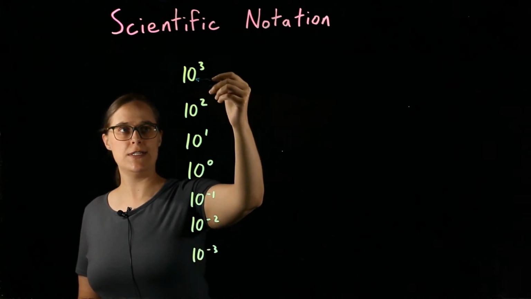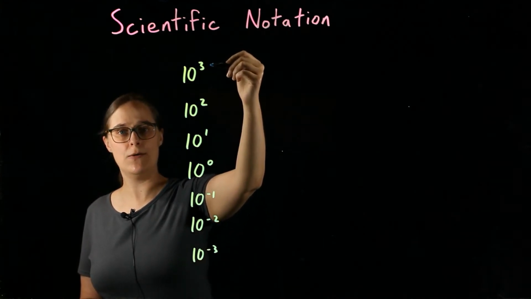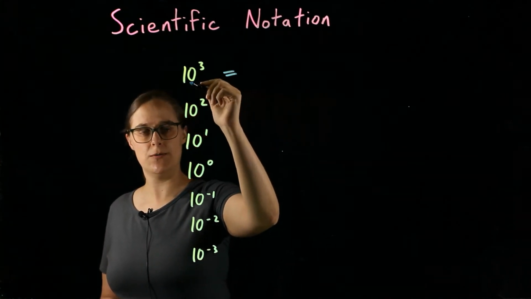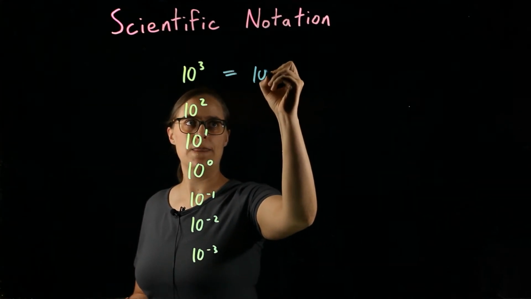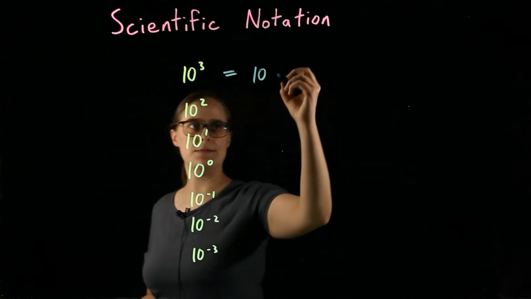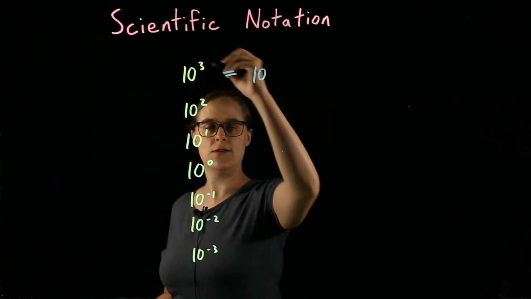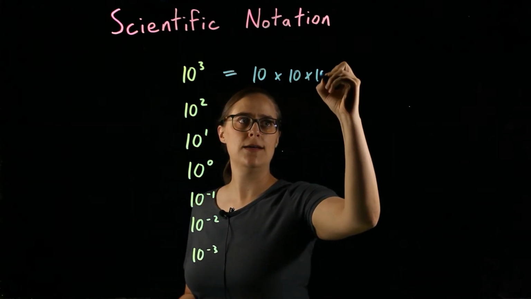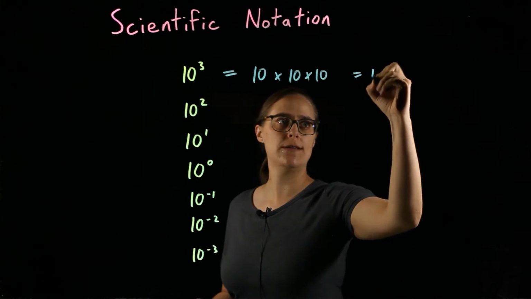Let's look at this first example, 10 to the power of 3. What this means is I take our base number, which in this case is 10, and I multiply it by itself 3 times. In other words, 10 to the power of 3 equals 10 times 10 times 10. This is also equal to 1,000.